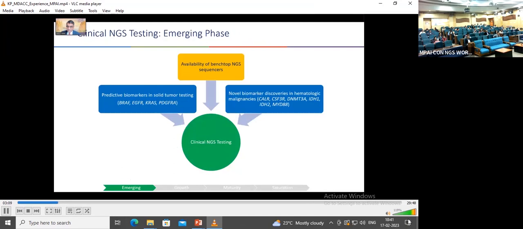The initial phase, or the emerging phase, for us really started around 2010-2011 when the first benchtop NGS sequencers arrived, the Ion PGM and the MiSeq sequencers from two different manufacturers.